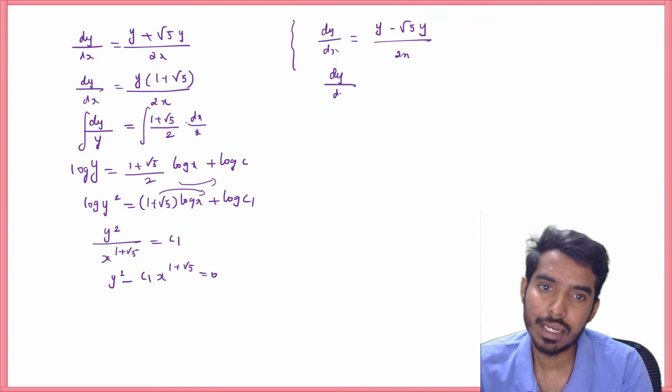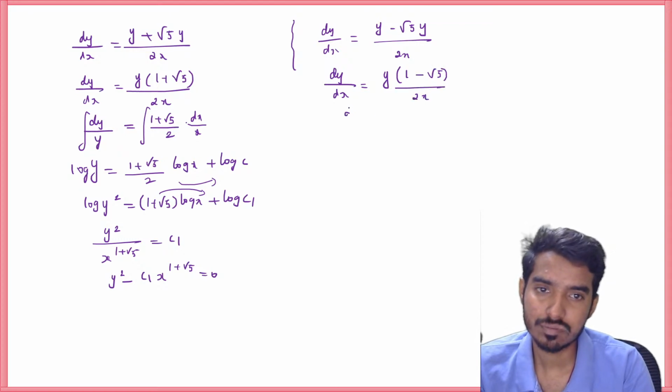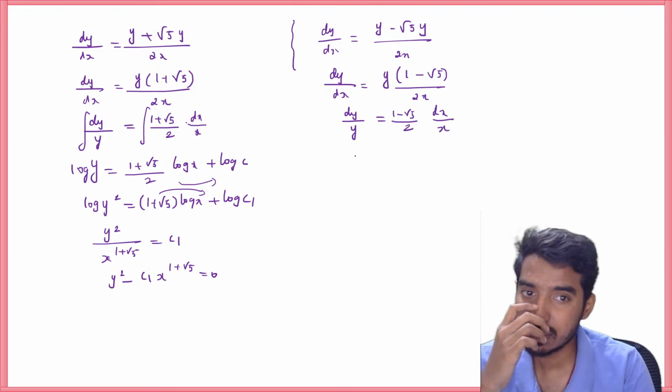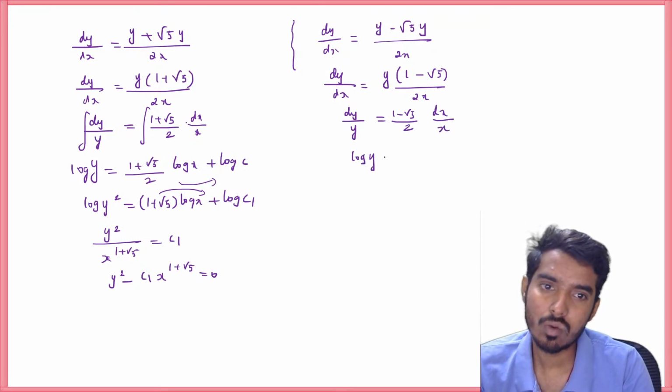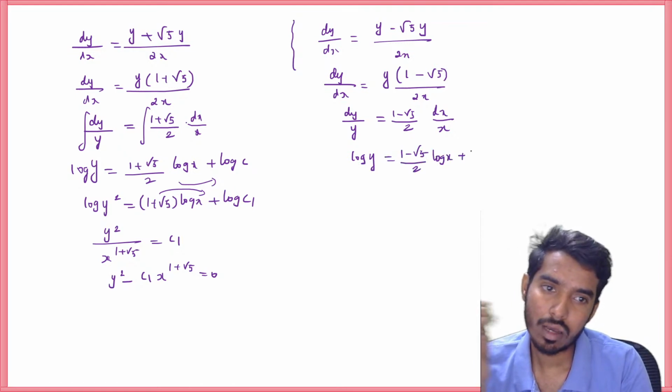Finally, you do this also. We have dy by dx equal to, if I take y outside, y into 1 minus root 5 by 2x. We have dy by y equal to 1 minus root 5 by 2, which is constant, into dx by x. Log y is equal to 1 minus root 5 by 2 log x plus some constant log c.